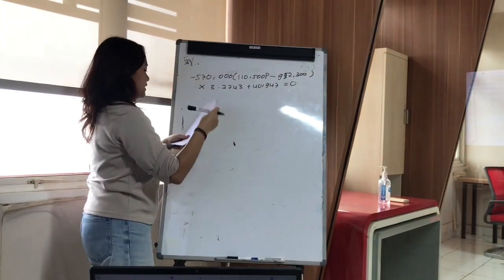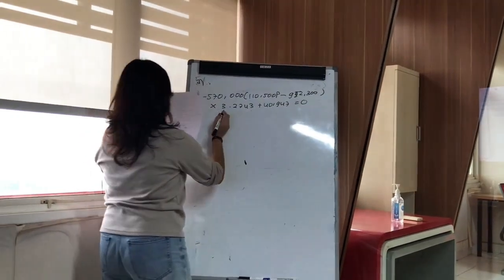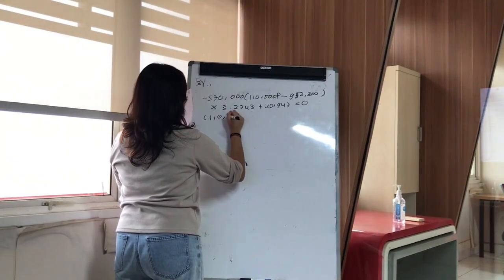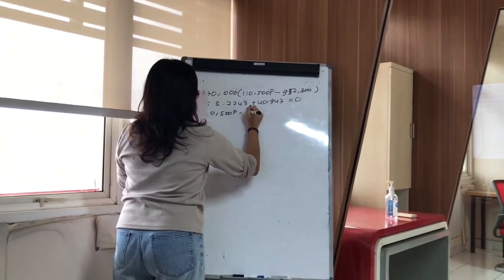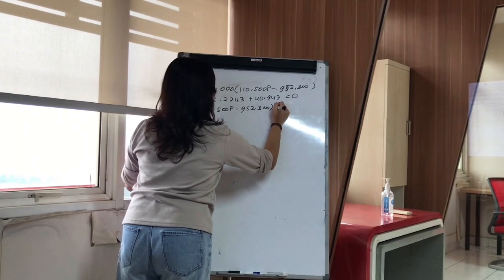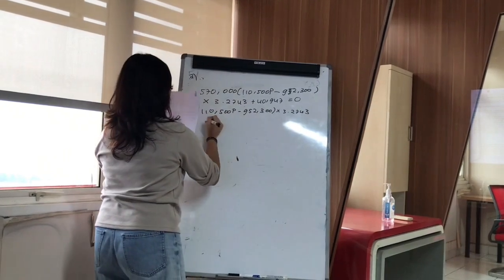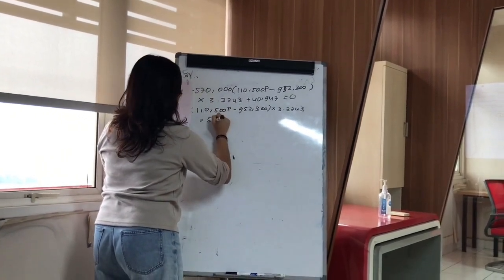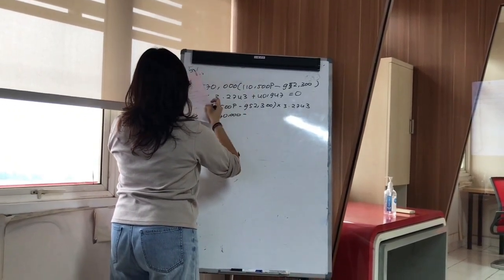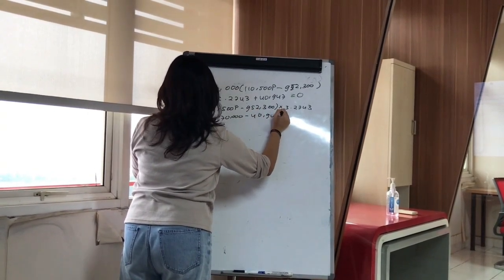First, we will isolate the OCF and then we will solve P. With that, we will get 110,500P minus 952,300 times 3.2743 equals to 570,000 minus 40,947.